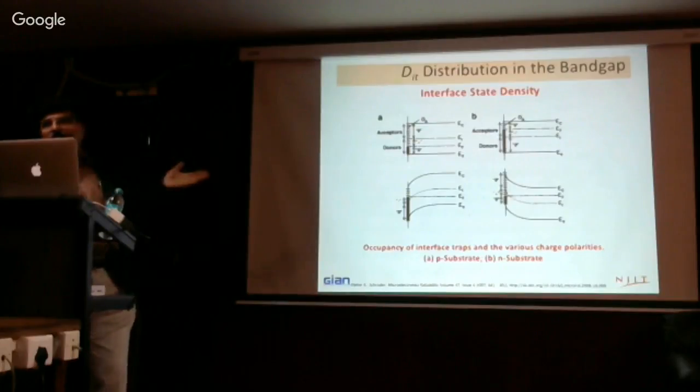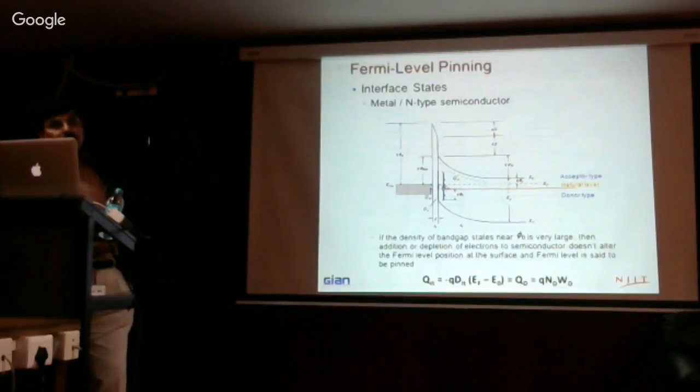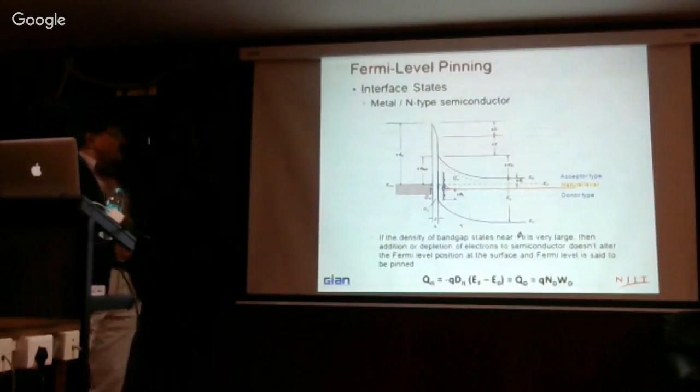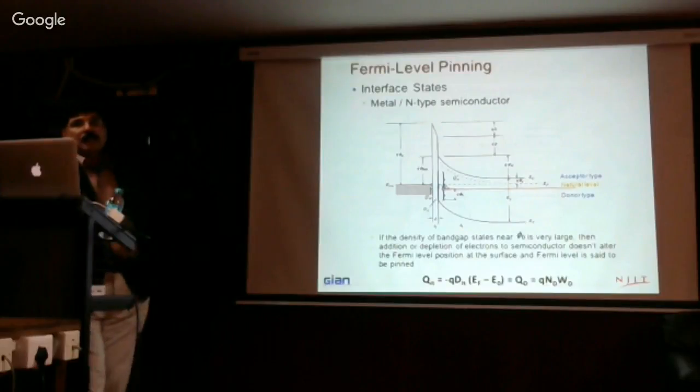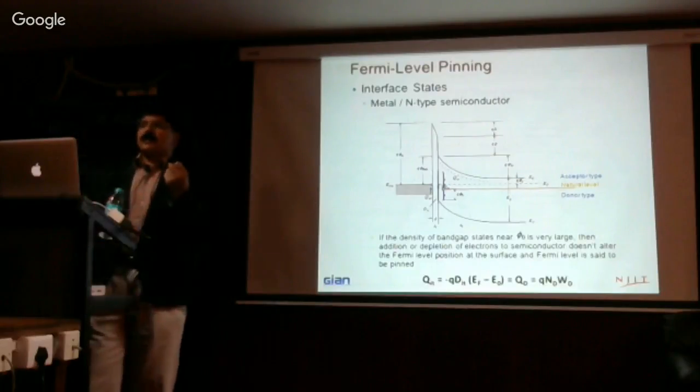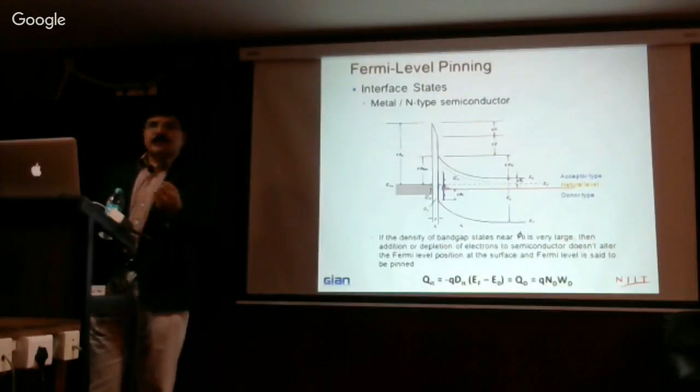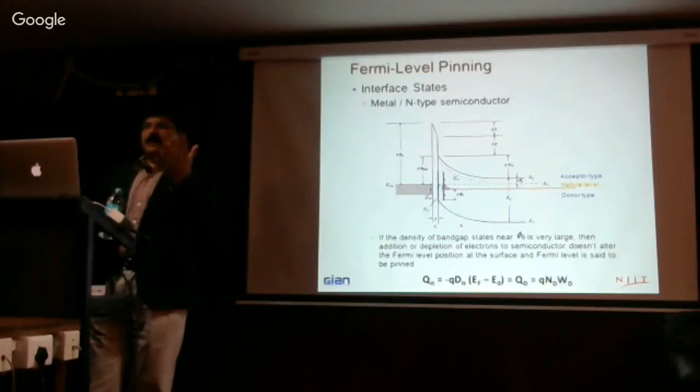Yesterday there was a question on Fermi-level pinning. What is actually Fermi-level pinning? If you have a large density of interface states, then before you even have any potential applied, these states capture electrons. From where do they capture electrons? There are several sources.